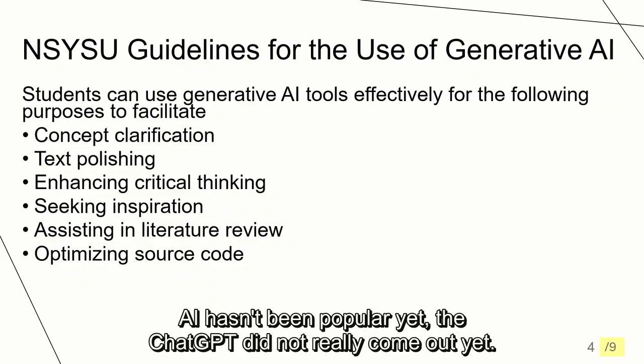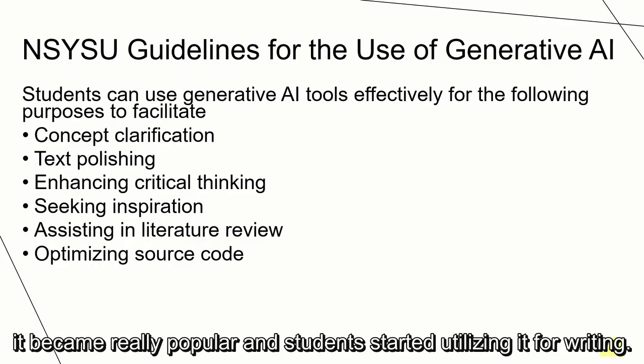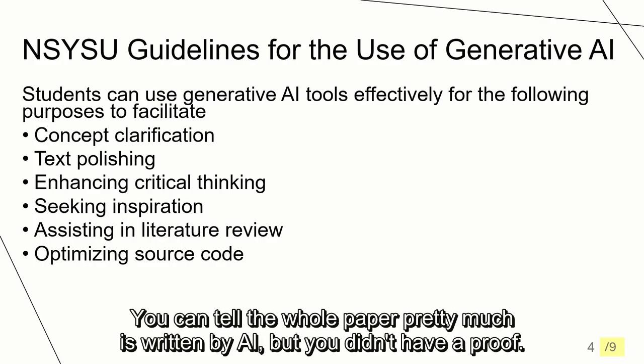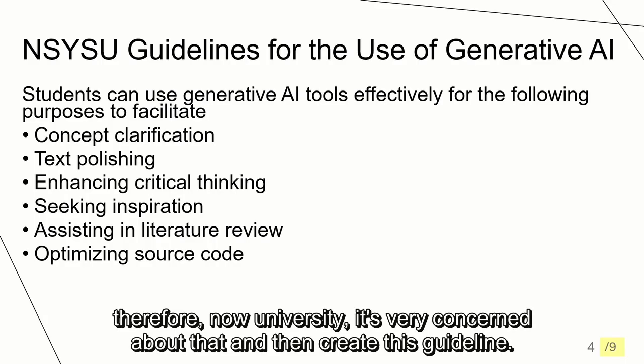ChatGPT had not really come out yet. But in the second year, after it came out, it became really popular and students started utilizing it for writing. You can tell the whole paper is pretty much written by AI, but you don't have proof. You can only say that it looks like a robot talking. And therefore, now the university is very concerned about that and created this guideline.